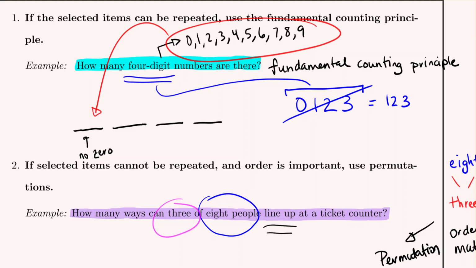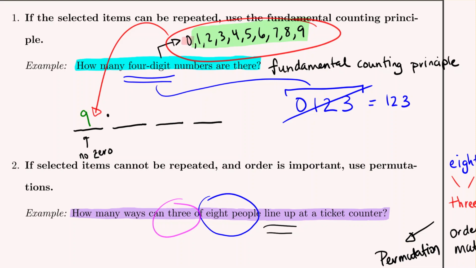So in terms of how many options could go in the first place, you could use 1, 2, 3, 4, 5, 6, 7, 8, 9. You could use 9 possibilities, but not 0. Here they did not say repetition wasn't allowed, so it's implied that it's okay, because 3333 is definitely a 4-digit number. Now that we've dealt with the first place, there's no reason I couldn't have 0 in the subsequent locations, because it's no longer an issue of being 4 digits or not.